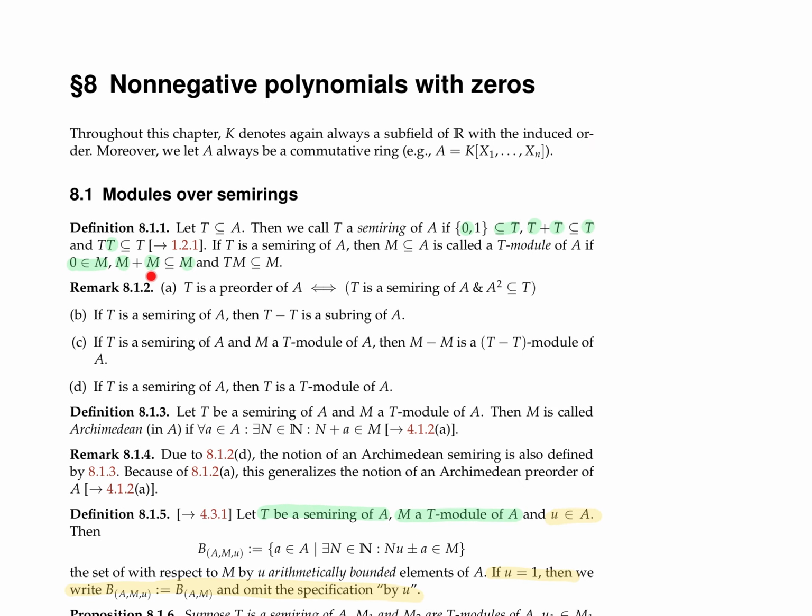That's again very easy to show, and contains 0, easy to show, and this is the crucial condition, which we have just shown.